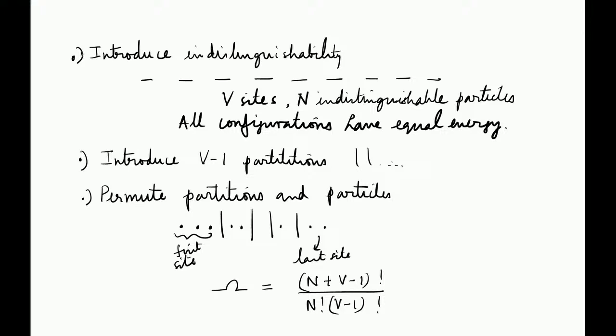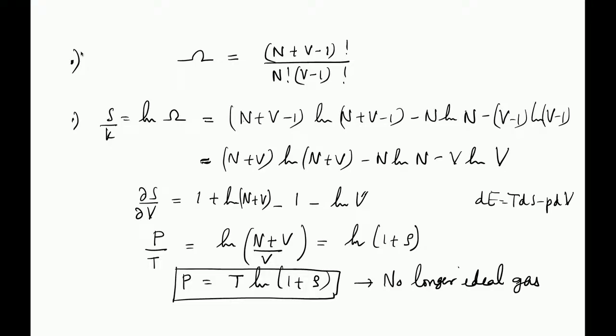Okay. So now there is another formula for omega, which is slightly different, but now we know what to do. Once we have omega, we do S equal log omega, but now it is a bit more complicated. This factorial, we use Stirling formula. So yesterday we used n to the power n plus 1 root 2 pi e to the power minus n. For this calculation, you can check that we need only n log n. The half and all don't contribute.